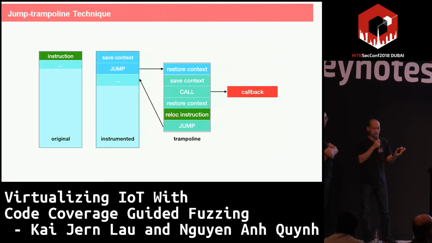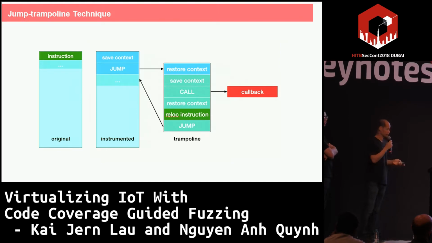But there are some very sensitive instructions that are sensitive to their position inside the memory. For example, relative instructions like relative jump or relative memory access don't work anymore when you move them elsewhere. So to make sure that the original code still works, we need to relocate the instruction. We need to rewrite or modify it in some cases. And after that, we jump back.